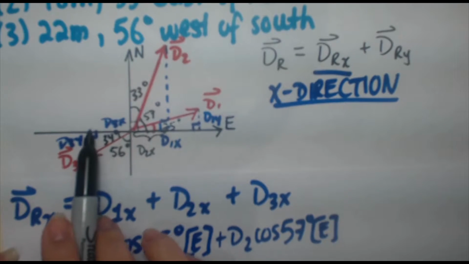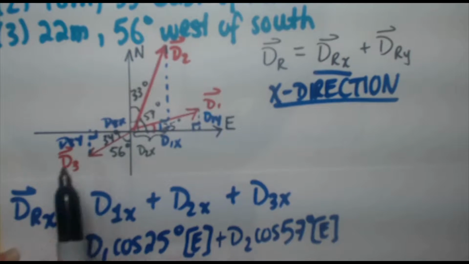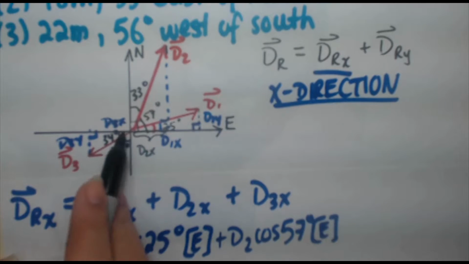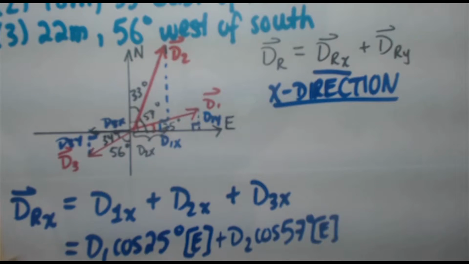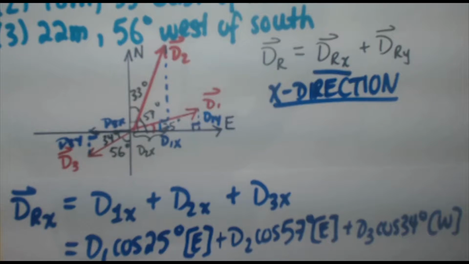So d3x, this component right here, is going to be the hypotenuse times cosine of 34 degrees. But something you have to take note of, this is not going east. This vector is actually going to go west. Okay, so plus d3 cosine 34 degrees west. Okay, so far so good.